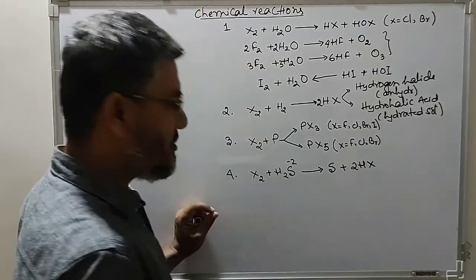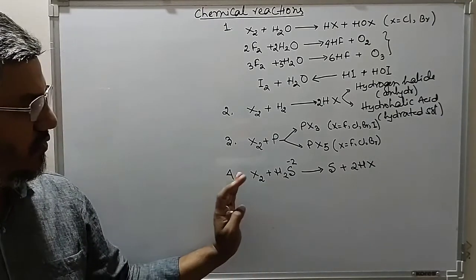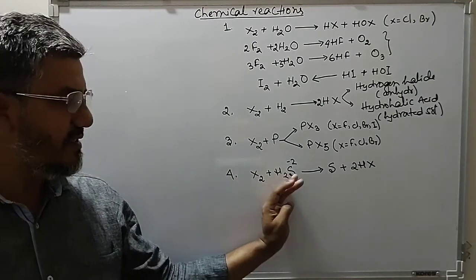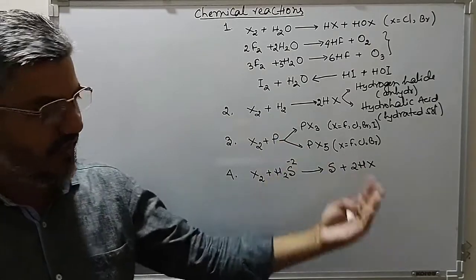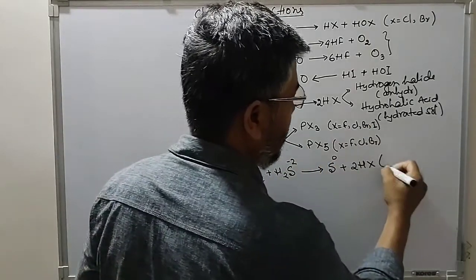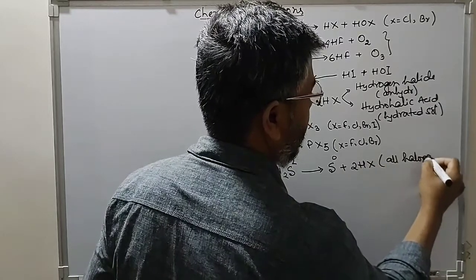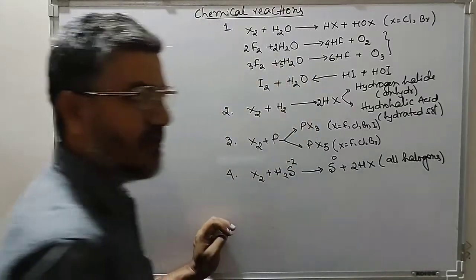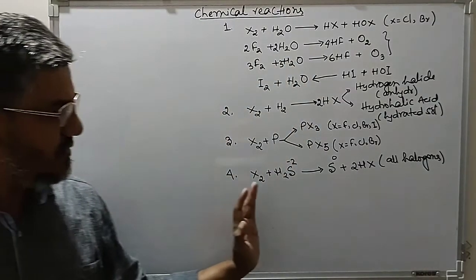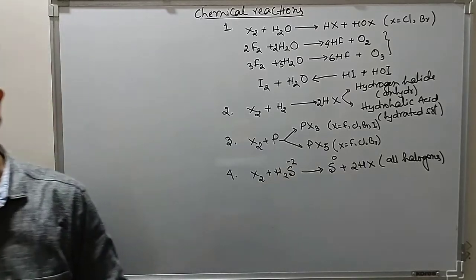So all halogens have a very good affinity for hydrogen sulfide. All halogens oxidize hydrogen sulfide or sulfide ion to sulfur, -2 to 0. So this is how hydrogen sulfide reacts with halogens.